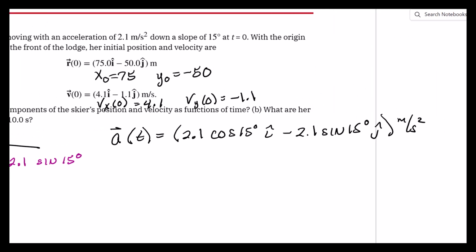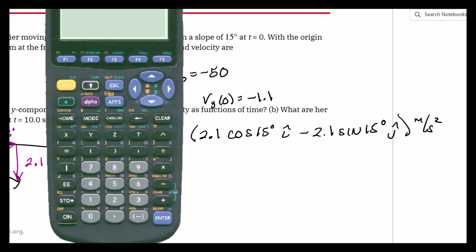And I can put real numbers on that. 2.1 cosine 15, and then 2.1 sine 15. Oh, I'm in radians. Whew. I was like, why is it negative? Let me change the mode from radians to degrees and try this again.